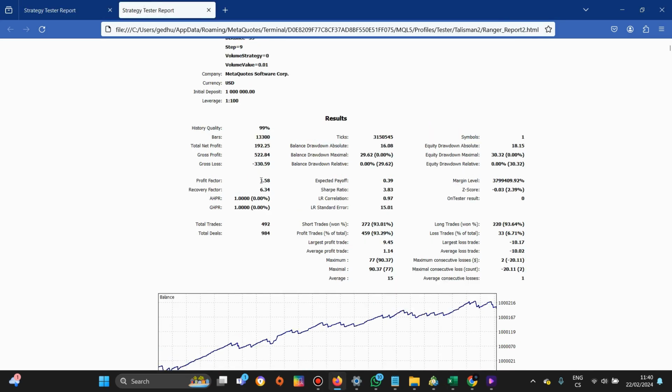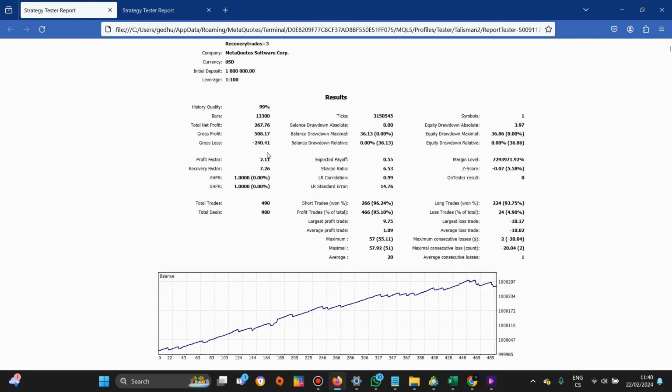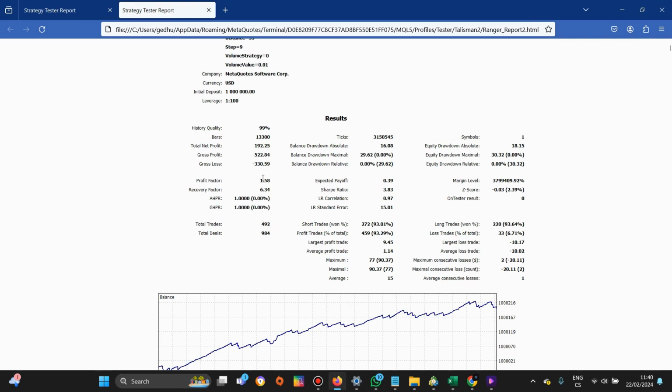That's the key metric in most expert advisors, because as the profit factor is higher, the EA is just better. So that's the key factor we want to focus on. And you can see that the difference in profit factors is really major in this case. And yeah, that's my first suspicion right here, because this doesn't add up.